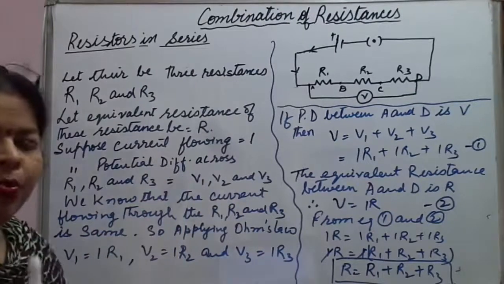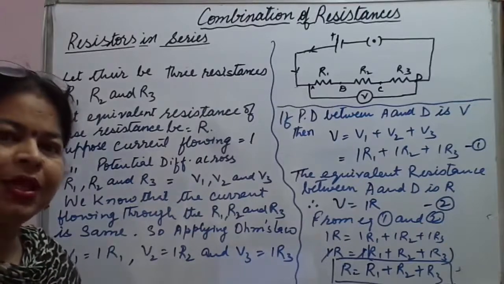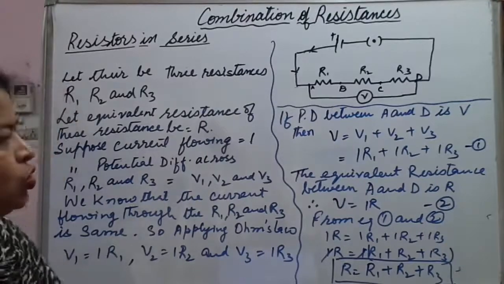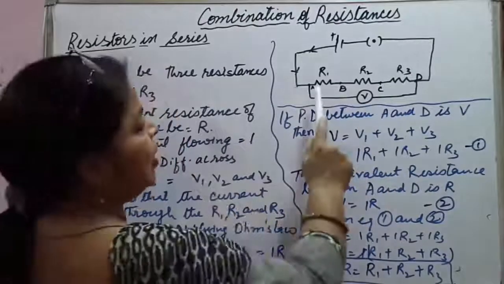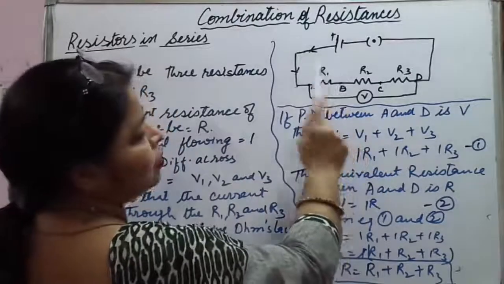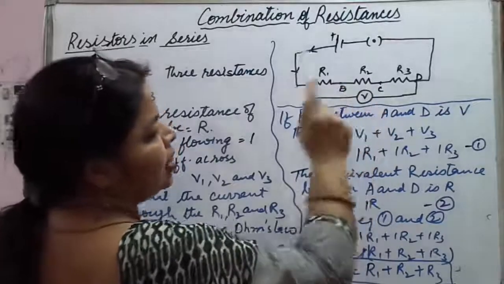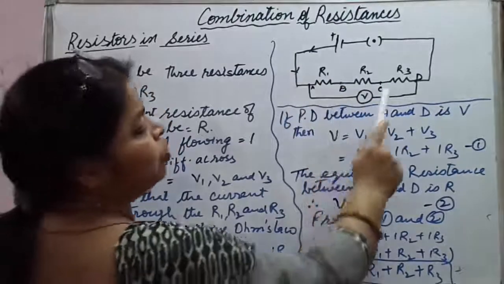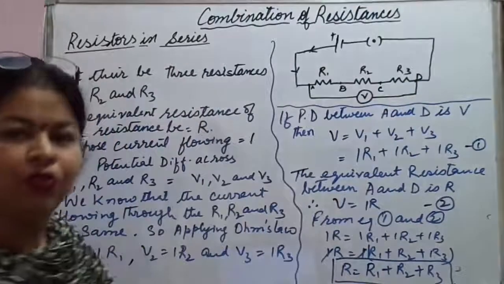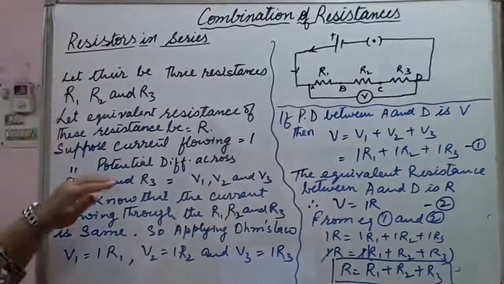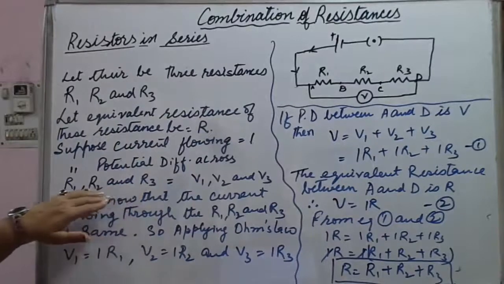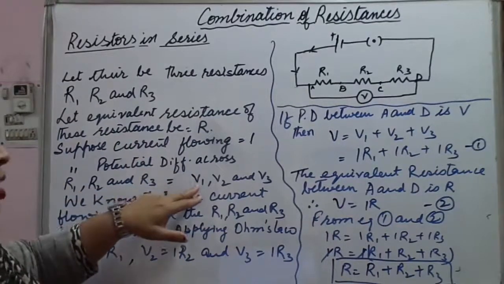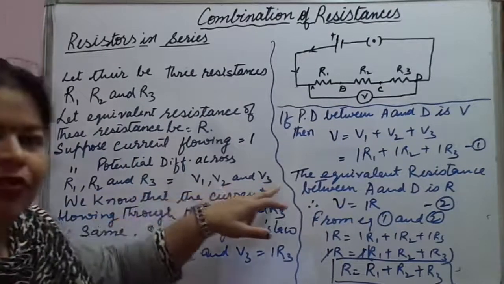Overall from A to D it is V, but AB is V1, B to C is V2, and C to D is V3.